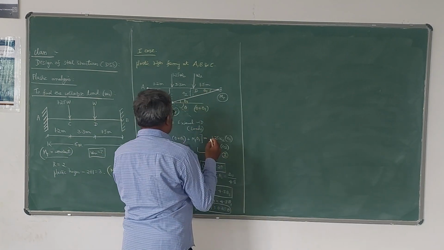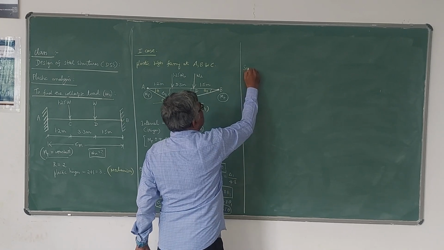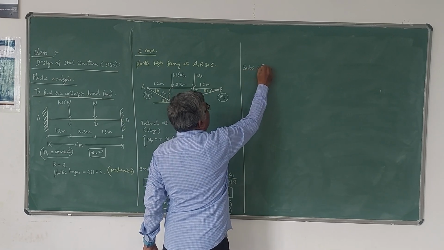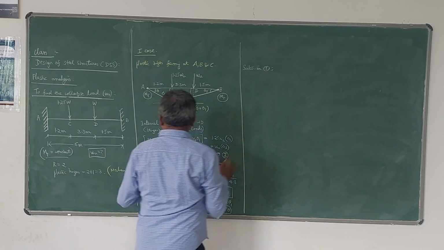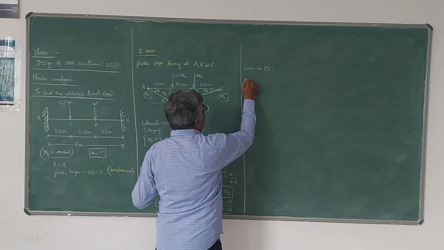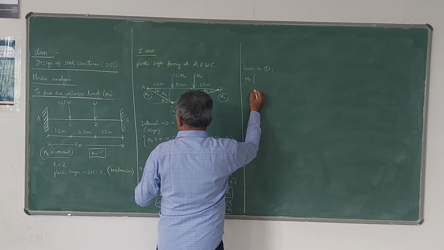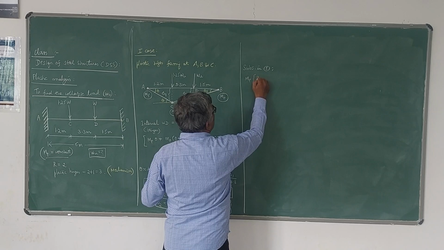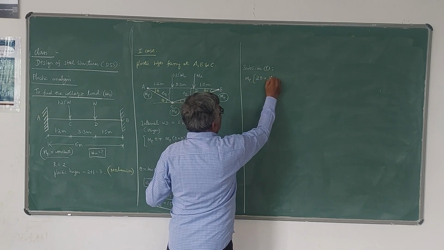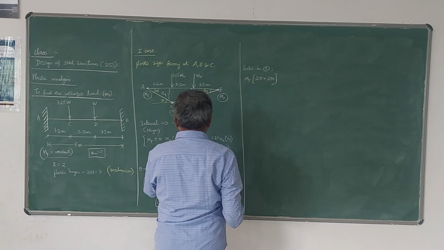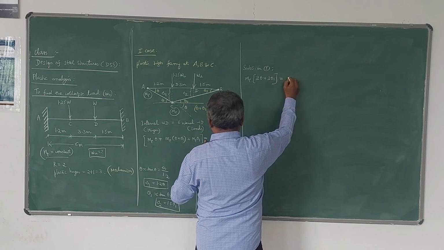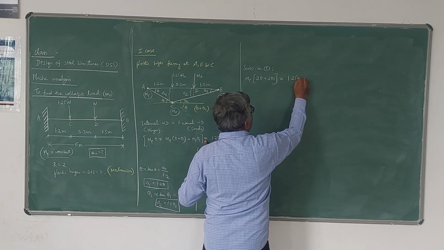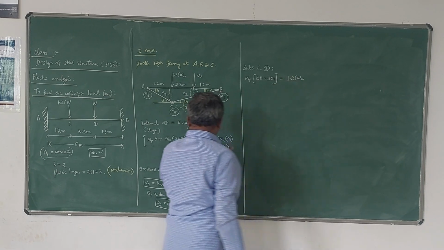Here I can take MP common. So substituting in 1, MP into theta plus 2 theta 1 will be equal to 1.25 times WU into delta 1.